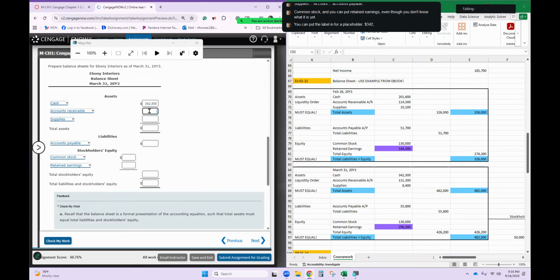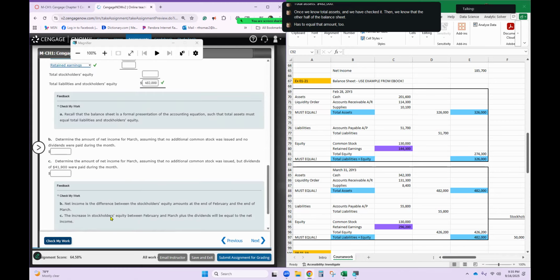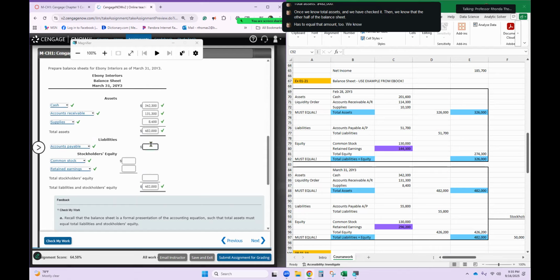342,300. Accounts receivable, 131,300. Supplies, 8,400. Total assets, 482,000. Once we know total assets and we have checked it, then we know that the other half of the balance sheet has to equal that amount too. We know the amount of accounts payable, 55,800, and we know that common stock is 130,000.